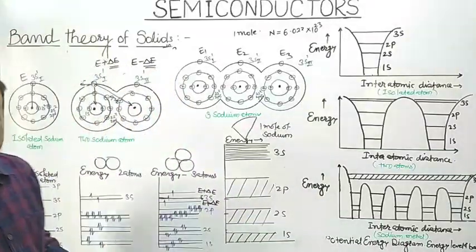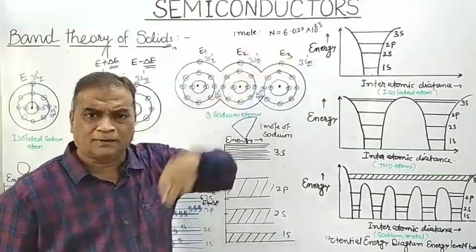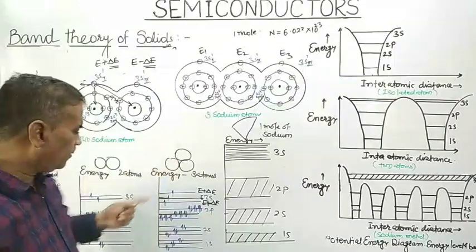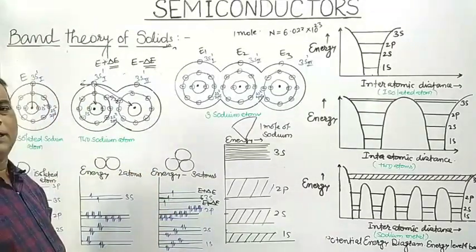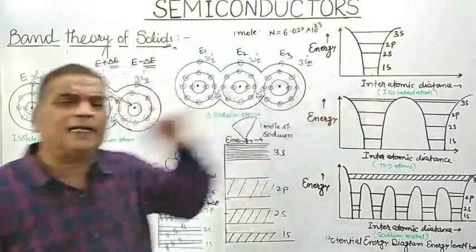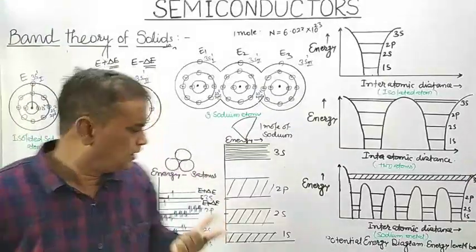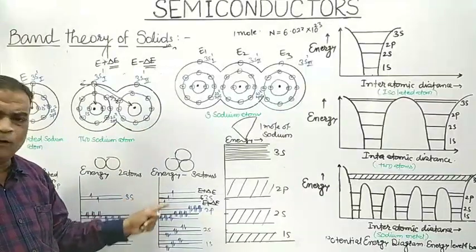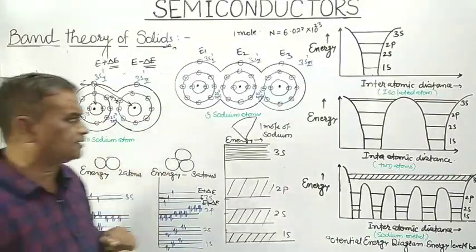Remember, according to Pauli's exclusion principle, all three electrons in the three sodium atoms have spin up states. In a single energy level, you cannot have two electrons with the same spin state. So here we have three electrons which have three different energy levels.